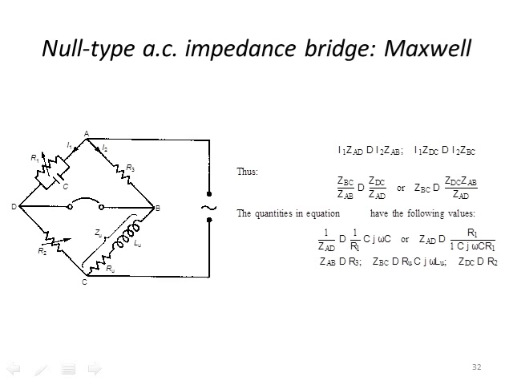A null-type AC impedance bridge, and this is sometimes called the Maxwell bridge. You can go over these basic derivations on your own to make sure that they make sense. The applications of this are to be able to determine impedance values of an inductor and a resistor, for example, using a capacitor and a resistor.